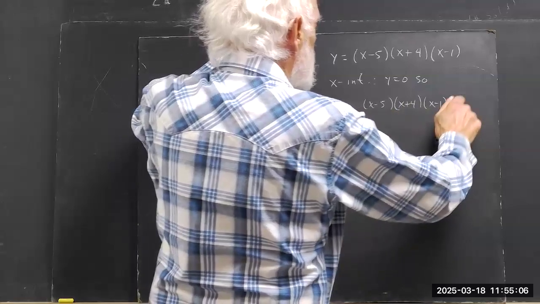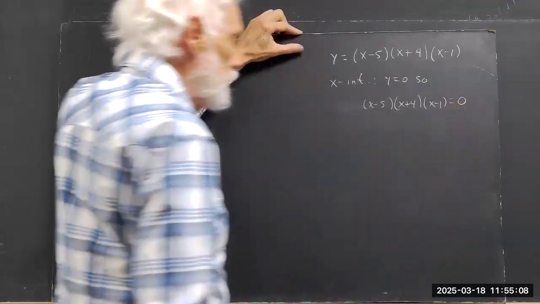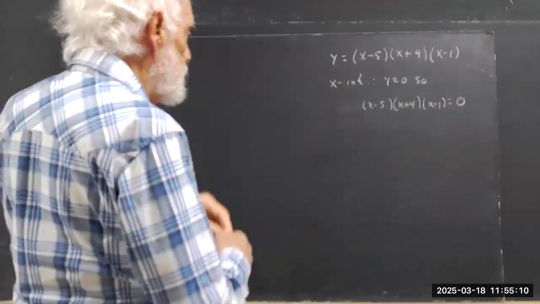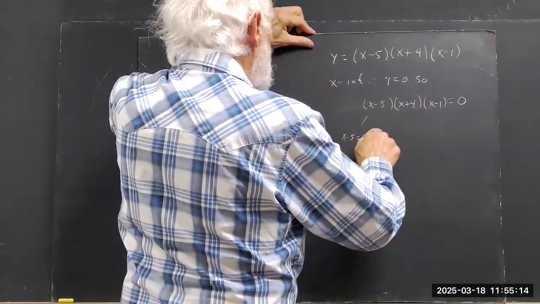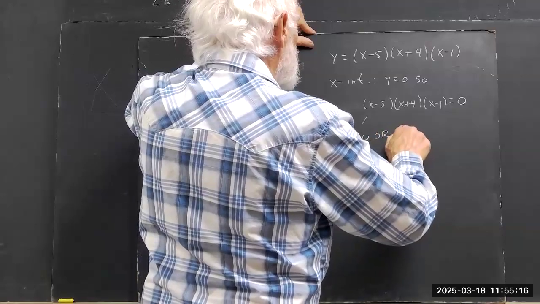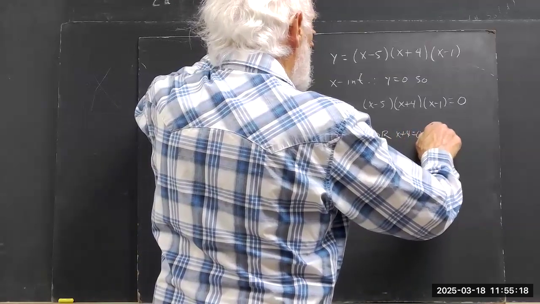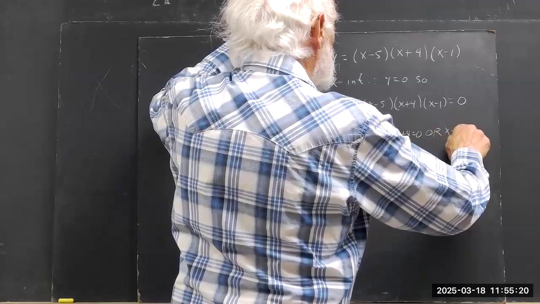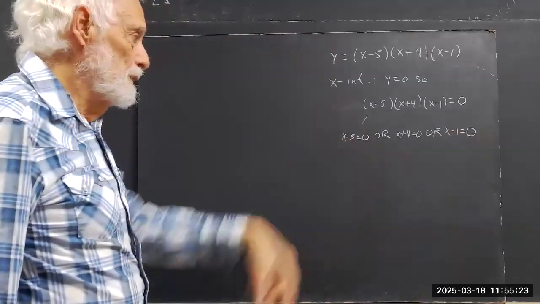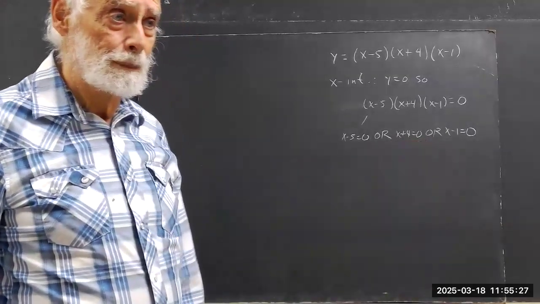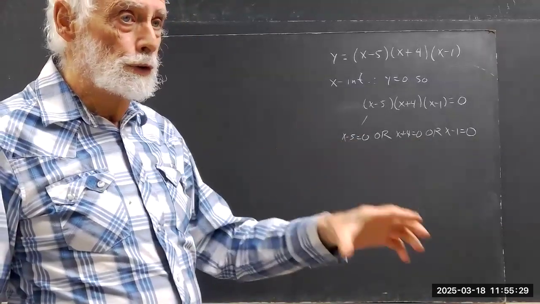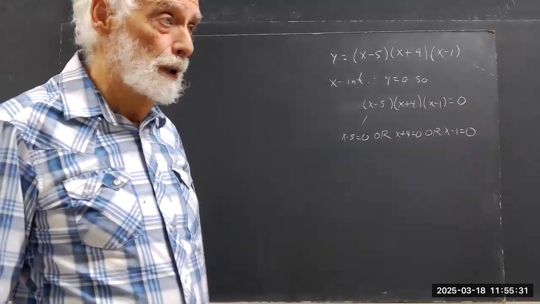And then I'm going to say x minus 5 equals 0, or x plus 4 equals 0, or x minus 1 equals 0. Now, people don't often follow my advice to write the logic and to use the words that I use when I demonstrate these problems.